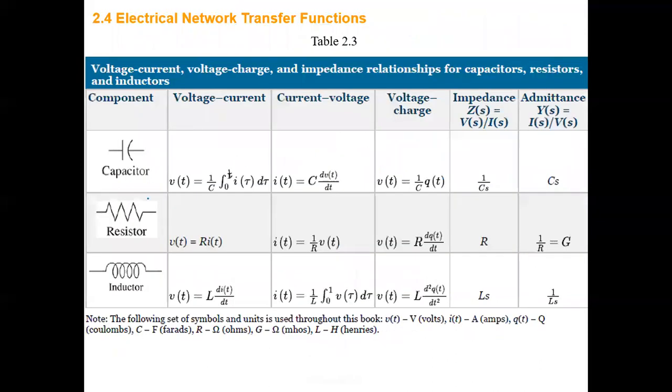Let me begin with the resistor because that's the easy one, right? You already know that. So in the case of resistor, what is the voltage current relationship? Look at this column here.